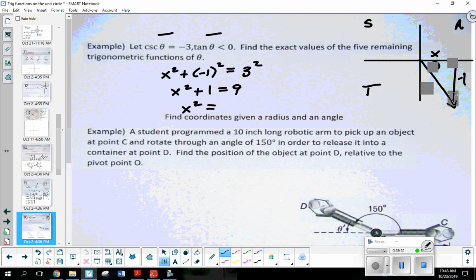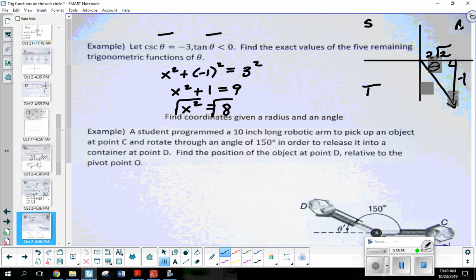So x squared is equal to 8. So as soon as I take the square root, now again, this is one of those where it's not a perfect square, but I do want to reduce it. Again, no decimals. So what would x equal? 2 square roots of 2. There you go. Now all we got to do is just find those 5 other ratios.